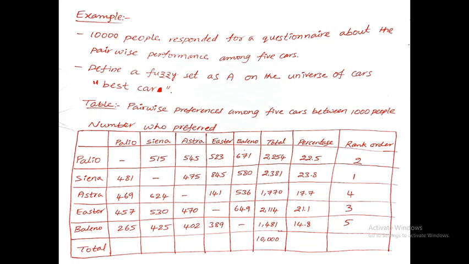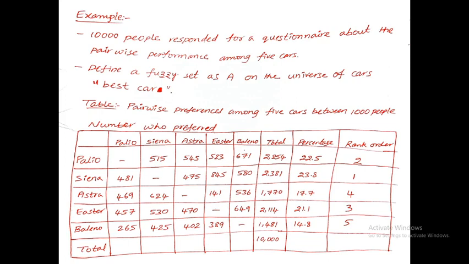If you do the summation, the total is 10,000 people. The corresponding percentages are 22.5%, 23.8%, 17.7%, 21.1%, and 14.8%.